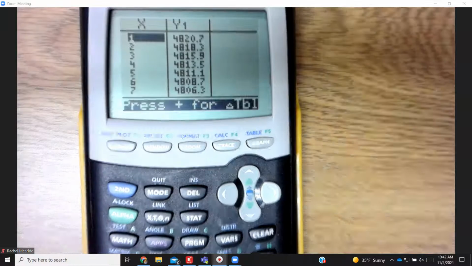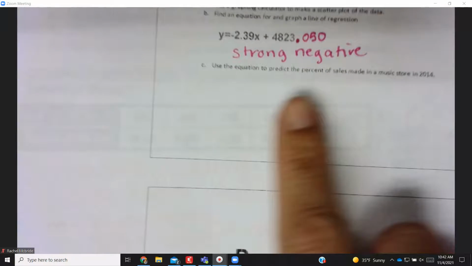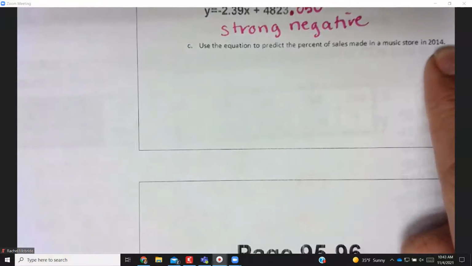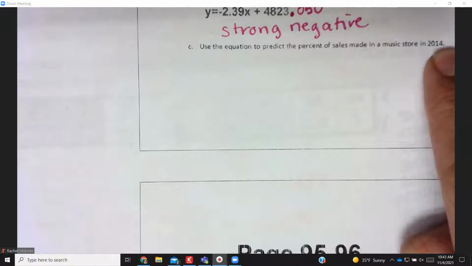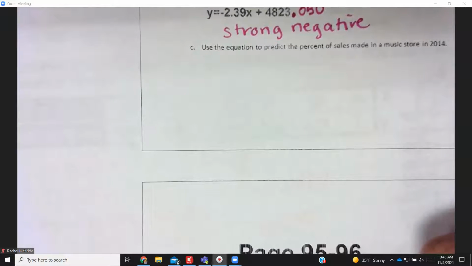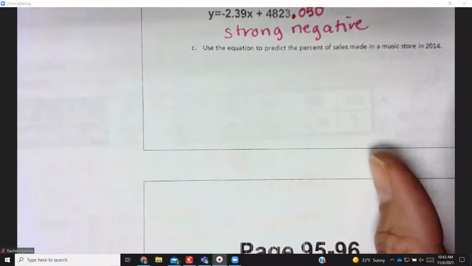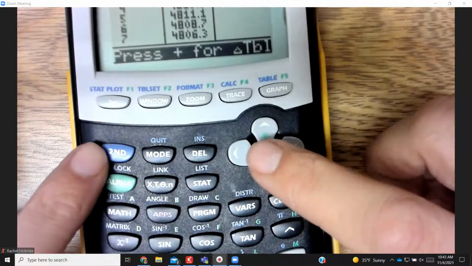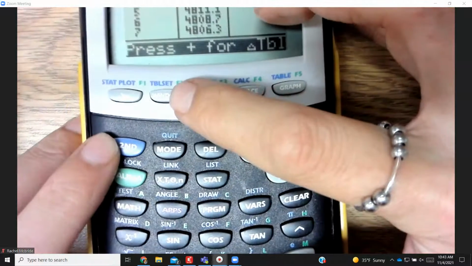Now, the question asks us to predict sales in 2014. This is where you got to pay very close attention. It's saying predict sales in 2014. So what you're going to do is you are going to hit the word second again and the word window.